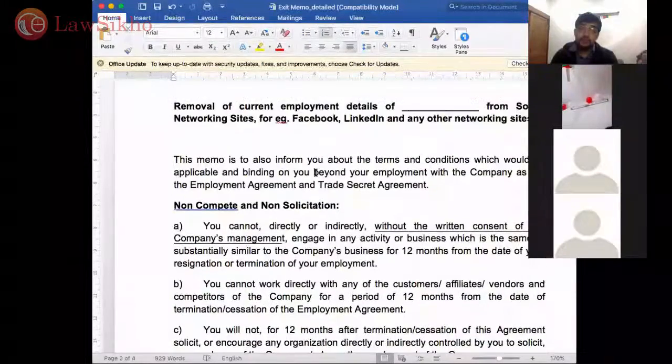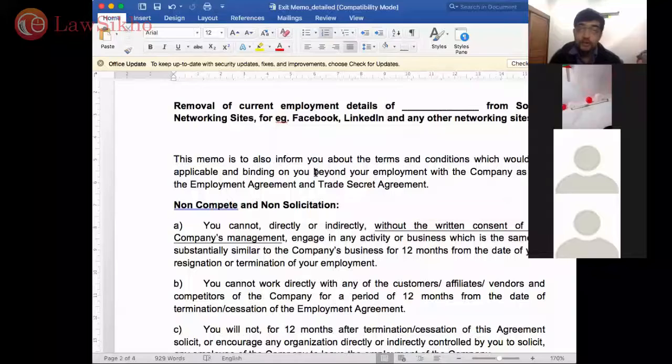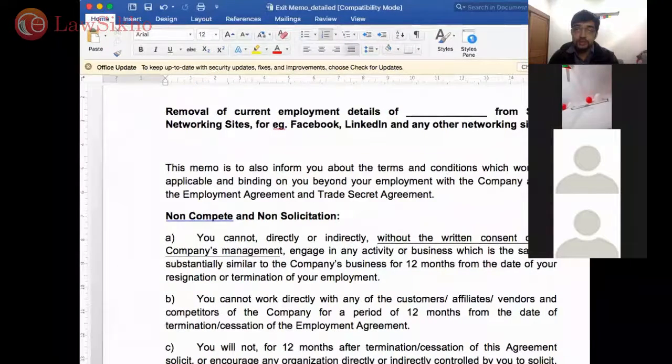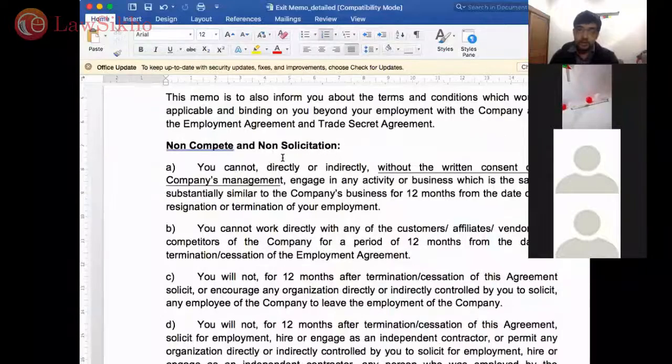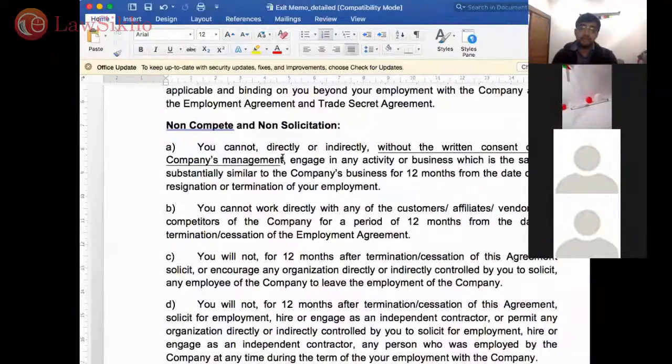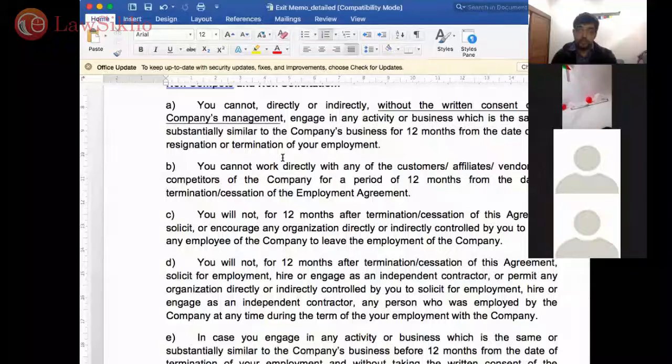Now this memo can be an opportunity to remind the employee about any restrictive obligations under the employment agreement. So when you look at your study materials, you will find the employment agreement template there, and each employment agreement typically has some clauses like a non-compete clause where the employee cannot compete with the business of the employer or work in a competing business or start his own business, provided this was there in the employment contract.